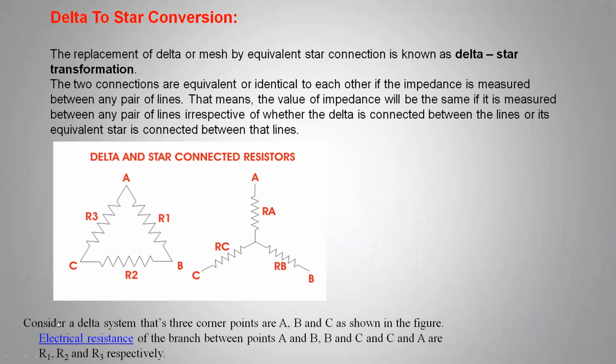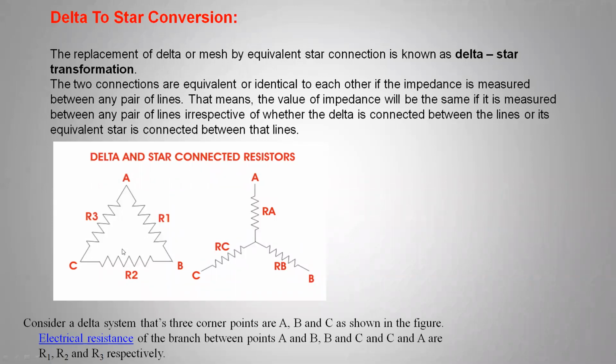Okay, consider a delta system with three corner points. This is the delta connected system, three corner points. What are the corner points? Three corner points: A, B and C. This is the figure of the delta system, with branches between A and B, B and C, and A and C: R1, R2, R3.